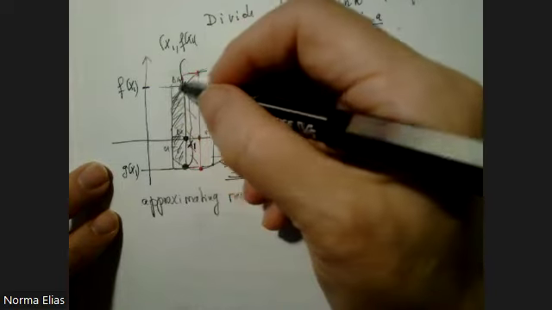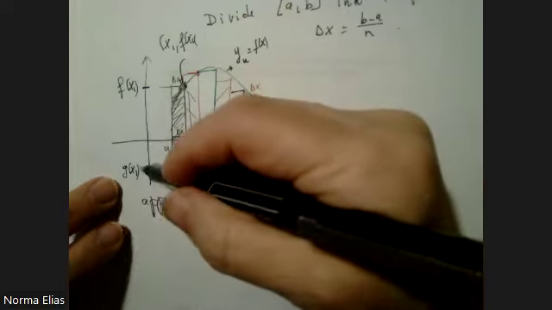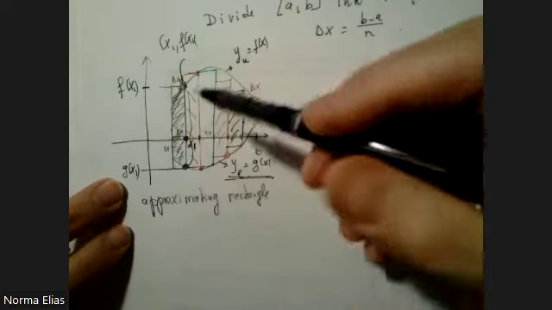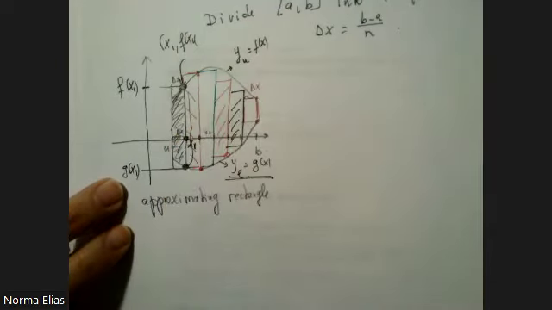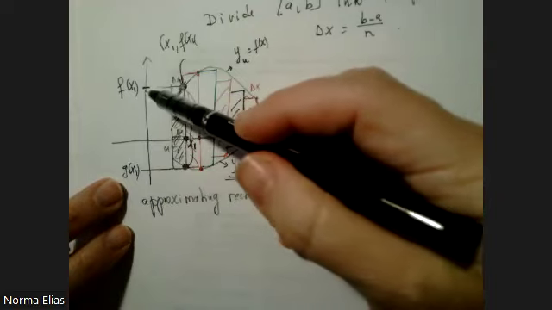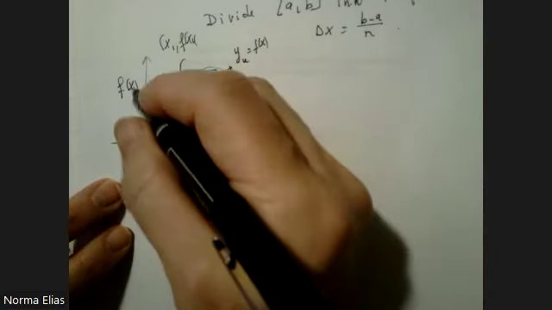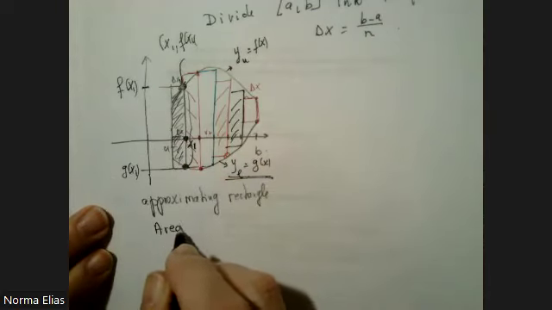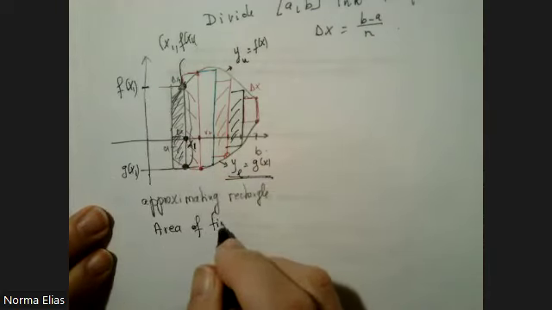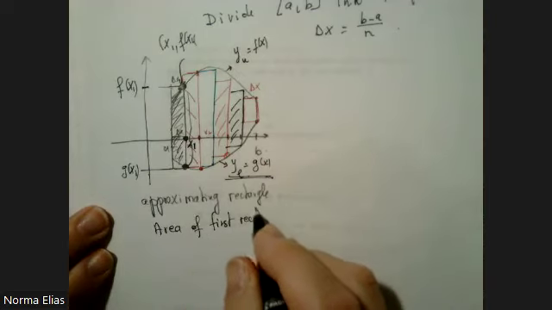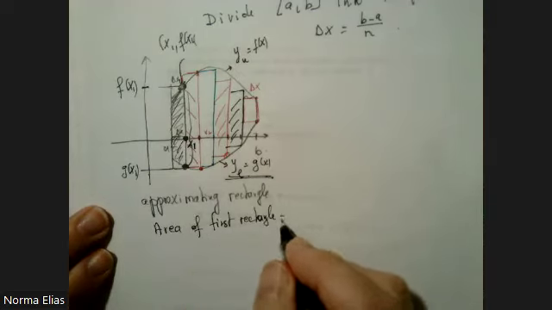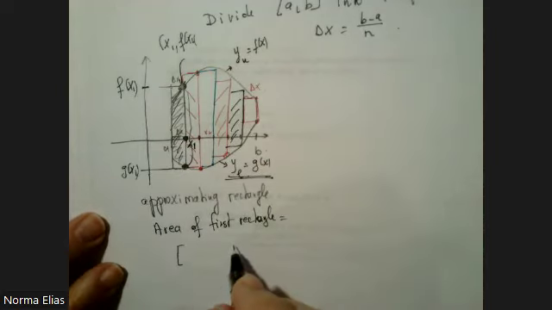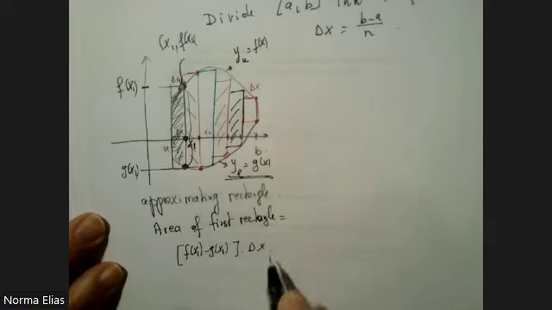So the distance from here to here, I don't care whether g of x1 is positive or negative, but based on the comment we did a minute ago, this vertical distance is f of x1 minus g of x1. So the area of the first rectangle is going to be the length, f of x1 minus g of x1, times the delta x.